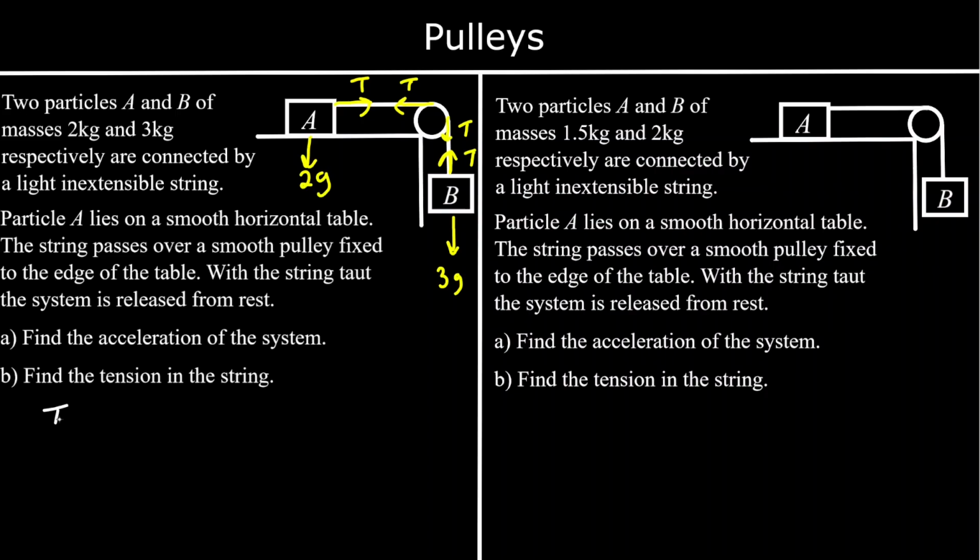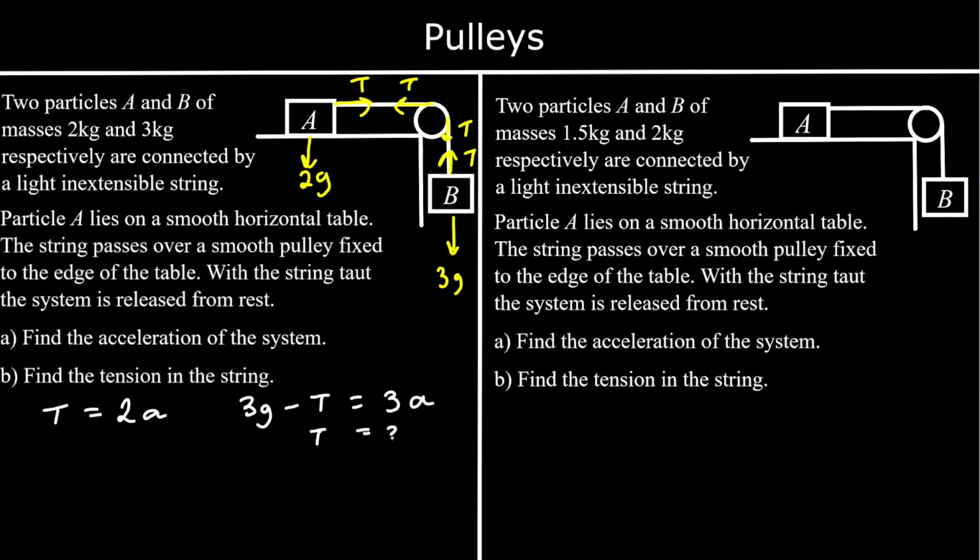So for A, tension is the only force, so tension is the resultant force, there's nothing resisting it, equals mass, which is 2, times acceleration. And for B, we have 3g minus T equals 3 times acceleration. Add these two together.